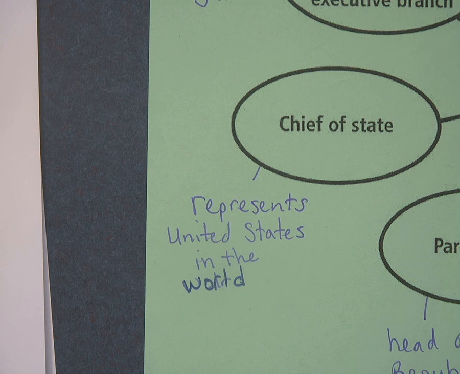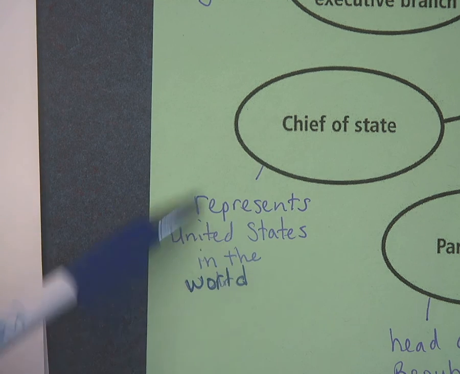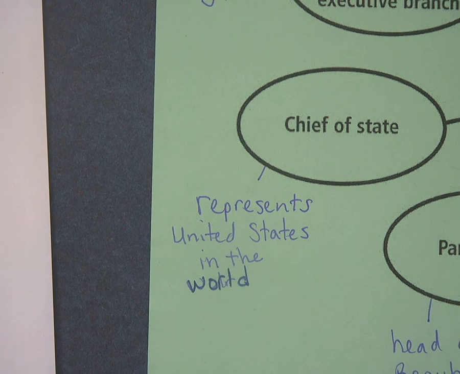We do not have kings and queens in the U.S., so it is the president. So he represents us. People visit the U.S. and have a formal visit. They visit the White House. This is not in the Constitution. It probably was always assumed to be the case that the president would be the head of state, chief of state, but it's not listed in the Constitution directly.